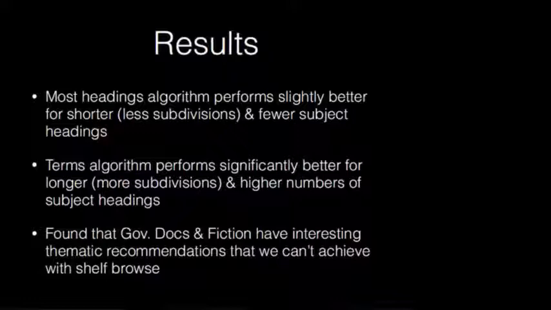So when you're looking at government documents on shelf browse, you'll see documents from the same time period and from the same agency, but you won't necessarily get thematic recommendations. And we saw here that with government documents, you can see other government documents that are similar in theme, or other related resources that aren't government documents but have a related theme.